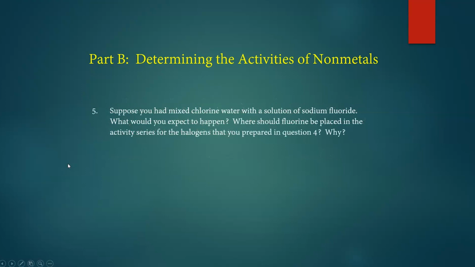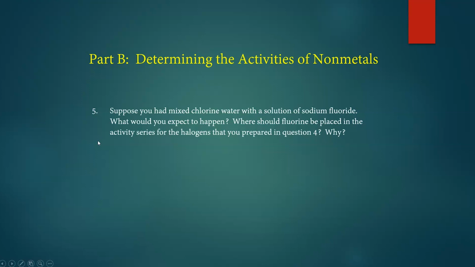And then finally, question number 5 is a hypothetical question. We didn't actually use any fluorine in our reaction because fluorine is a very dangerous element. So I'd like you to try to determine what you think would happen if we used sodium fluoride in a reaction with chlorine. And I'll talk in just a moment here about how you can reason out.